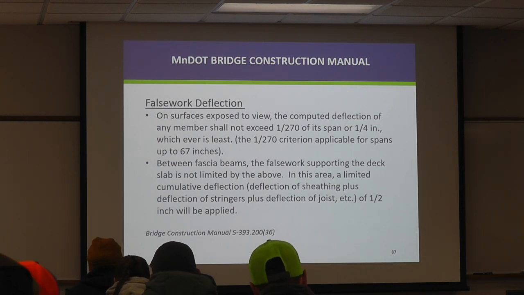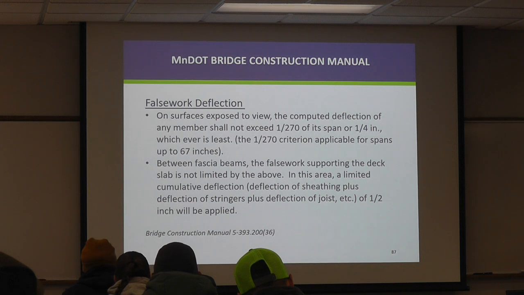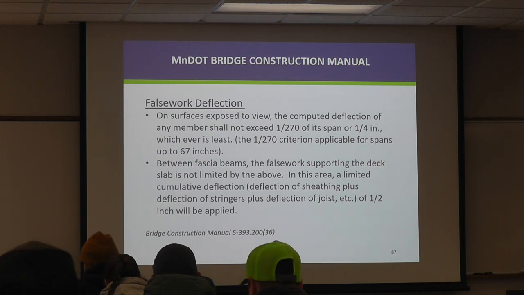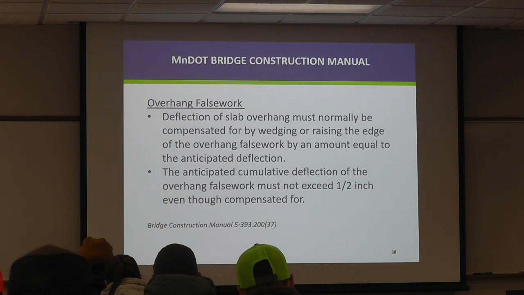On surfaces exposed to view, the computed deflection of any member shall not exceed 1/270th of its span or a quarter inch, whichever is less. And between fascia beams, the falsework supporting the deck is not limited to above, and that is, you can go up to a half inch.